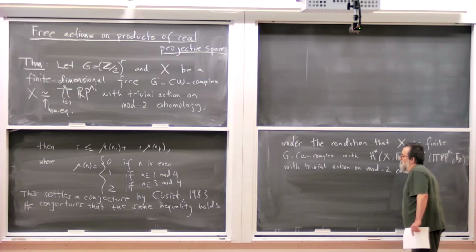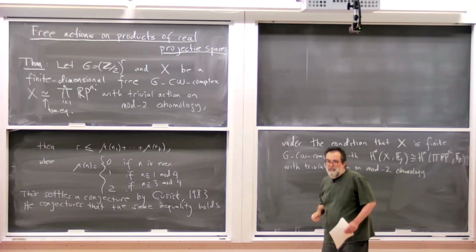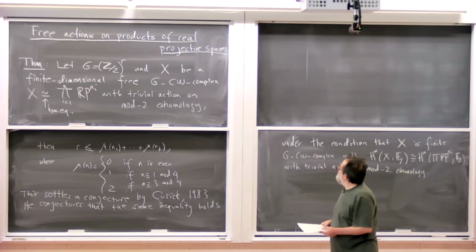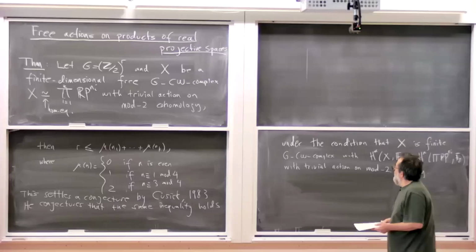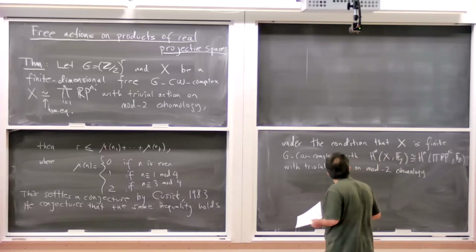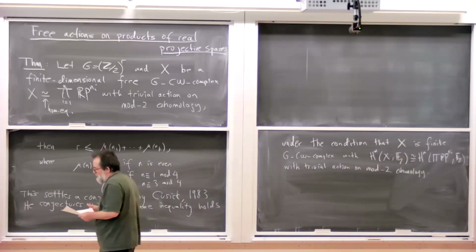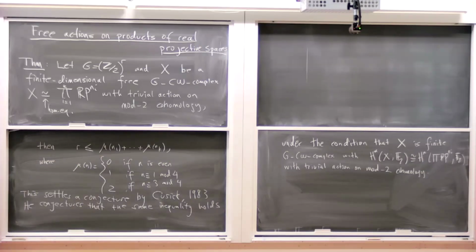So this is a homotopy theoretical version of that conjecture. For the more general version of his conjecture, I don't know how to solve it. It's still open. And I will state an algebraic conjecture at some point. And that algebraic conjecture actually implies his more general version. But this is the statement.